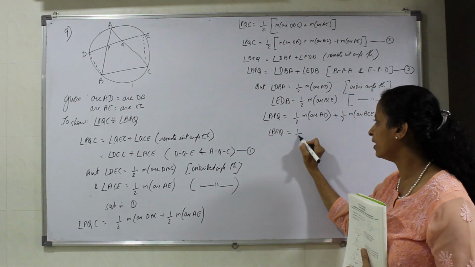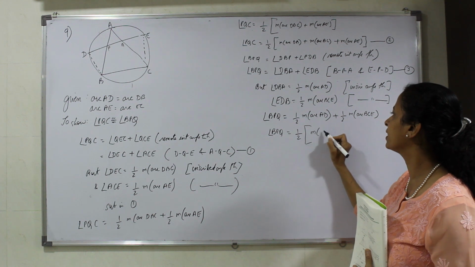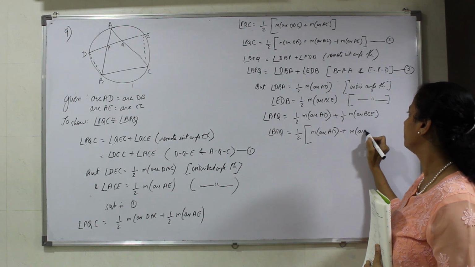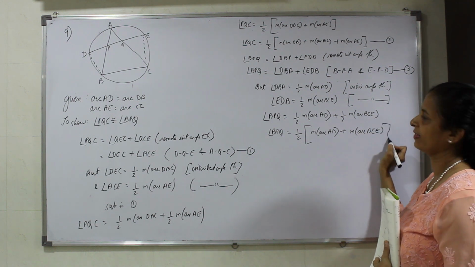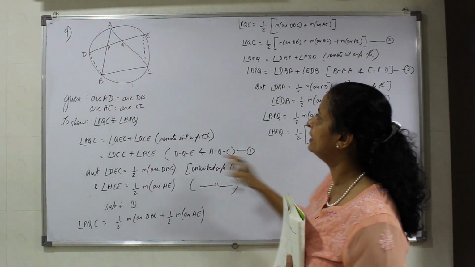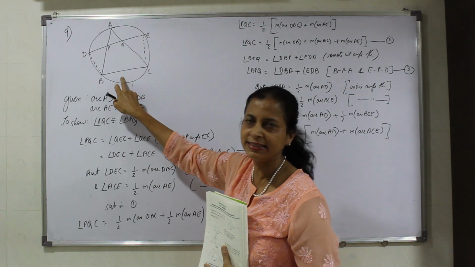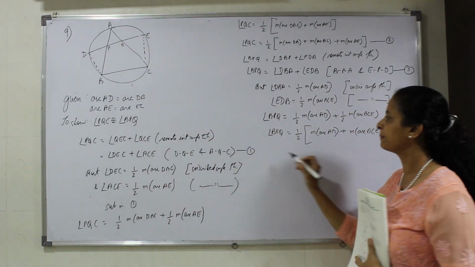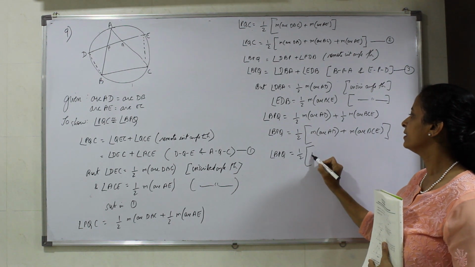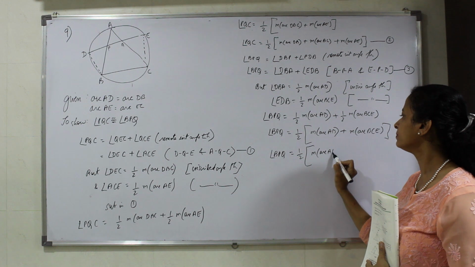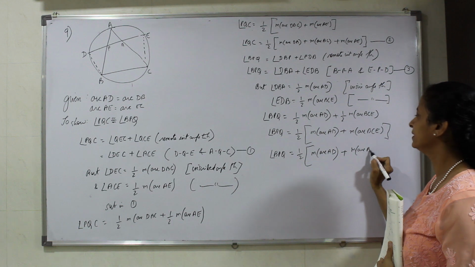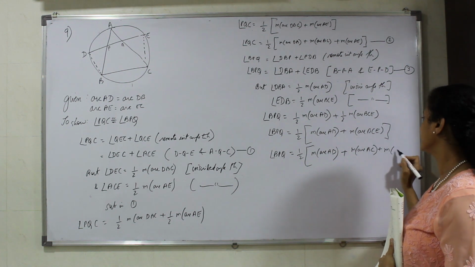I have BPQ as half common, and then I have a measure arc AD plus a measure arc BCE. Now again, look at AD. It is a small arc. What about the BCE? It is a big arc made up of the arc BC and CE. So we split it up here. The measure BPQ is equal to half the measure arc AD, the small arc, and this big arc being split up as the measure arc BC plus the measure arc CE.